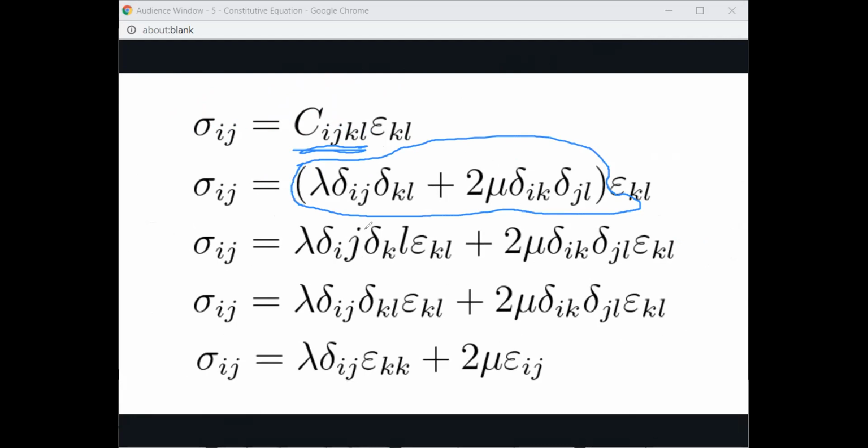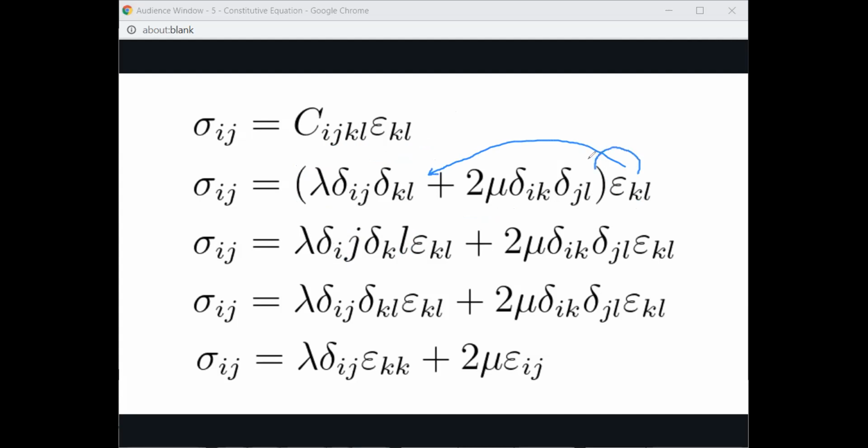Sorry, I made a mistake. This should be a subscript, no? Anyway, so we just distribute. Okay? We just distribute this here. Okay? Then here. And then we produce this equation.